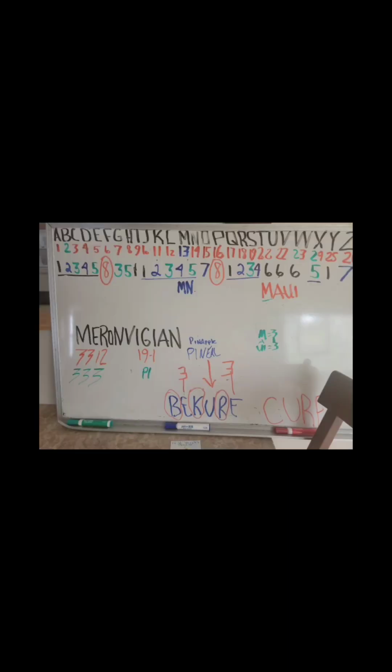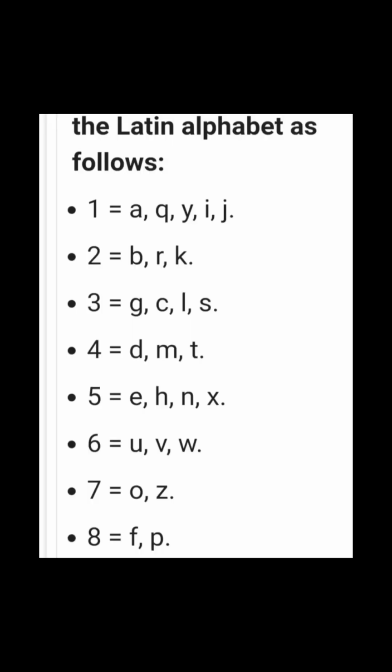Alas, I will try. The top row is the English alphabet. Below, its numeric equivalent, A through Z, 1 through 26. Below that, what you see, 1, 2, 3, 4, 5, 8, 3, 5, 1, 1, 2, etc. That is the Latin alphabet gematria cipher.